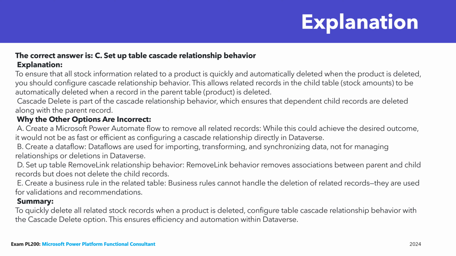D, set up table remove link relationship behavior. Remove link behavior removes associations between parent and child records, but does not delete the child records. E, create a business rule in the related table. Business rules cannot handle the deletion of related records. They are used for validations and recommendations.